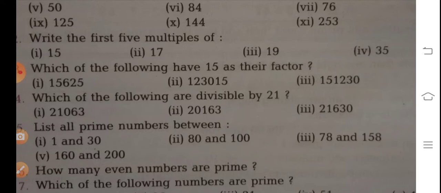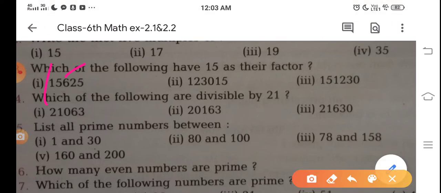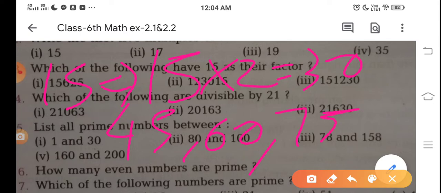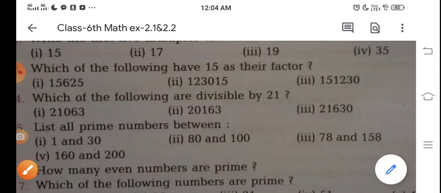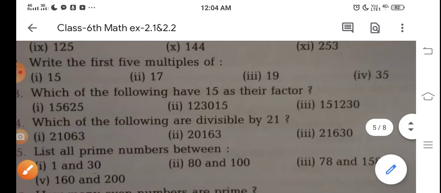So when you take the number 15, 15 twos are 30, 15 threes are 45, then 60, then 75. That's your answer.